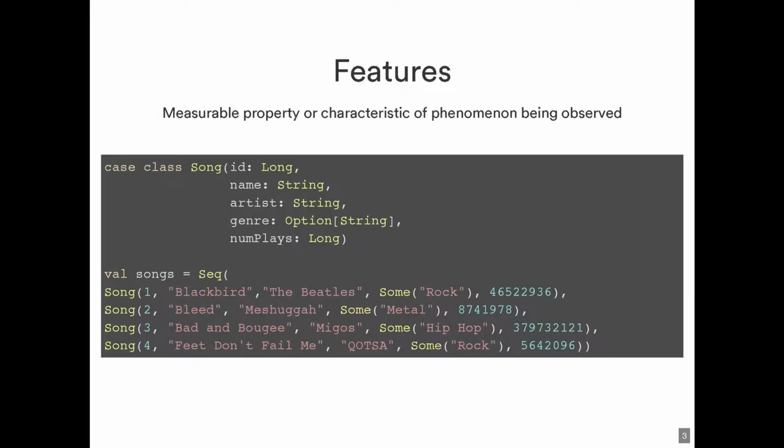So as you can see, I've defined some code here, a case class for Song. We'll probably be referring back to this song throughout the slides. And I created a data set called songs. It's just a sequence of songs. And we'll be referring back to that as well. So hopefully that makes concrete what a feature is.